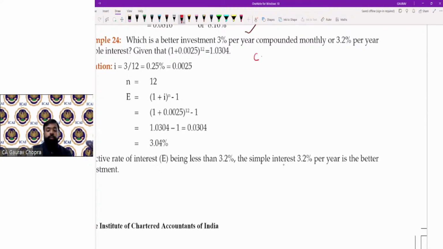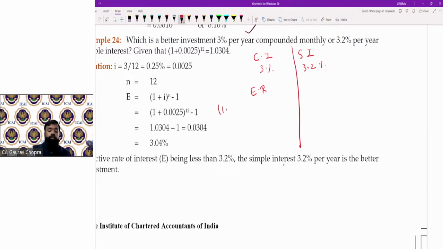The rate of compound interest is 3%, the rate of simple interest is 3.2%, but these two cannot be compared directly. So for comparing, we have to calculate the effective rate, and effective rate is computed only for compound interest. So let us calculate the effective rate first.